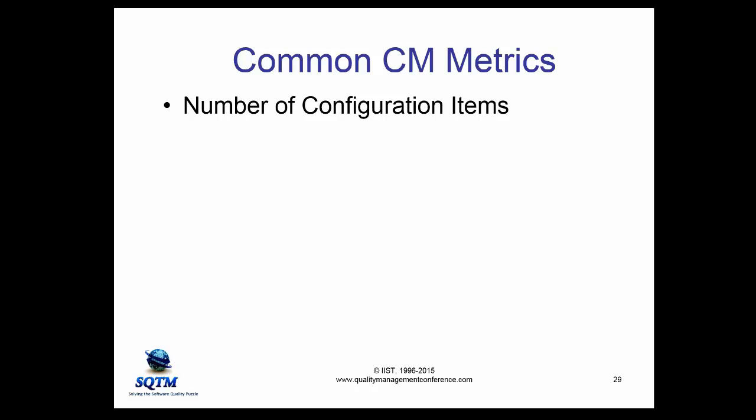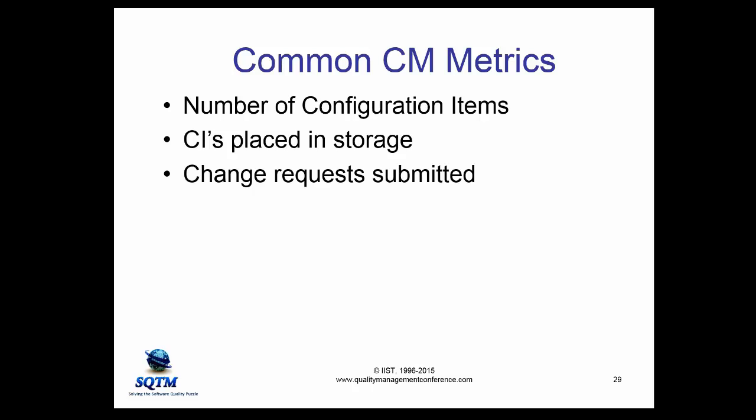Common CM metrics is the number of configuration items that are under control, that are in the library. CIs placed in storage. How many have you placed in the library, the control library, in the last day, in the last week? Change requests submitted. So by system, by project, how many change requests have been submitted?